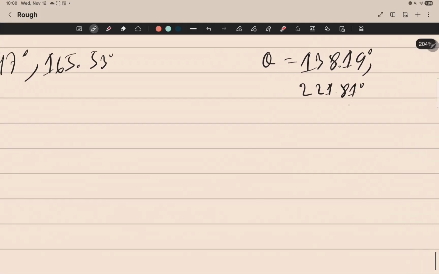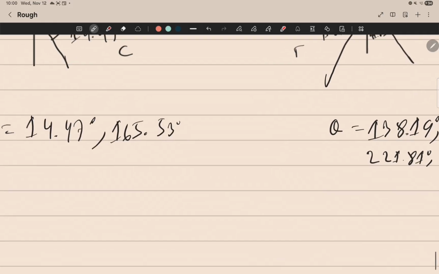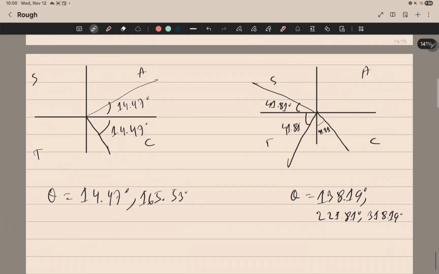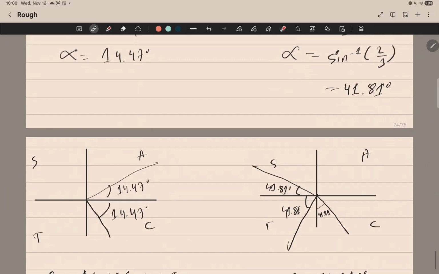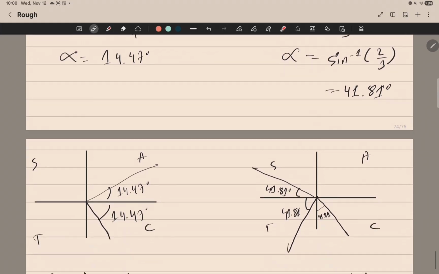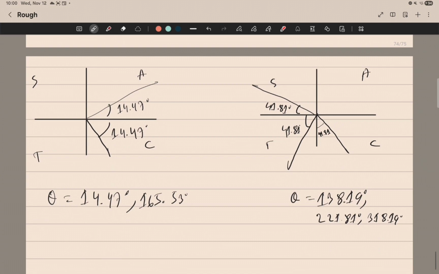So the third one will be 360 minus 41.81, 318.19 degrees. Now let's look at whether there will be a third quadrant in this one. So sine is positive. No, there cannot be a third quadrant. Or can there?